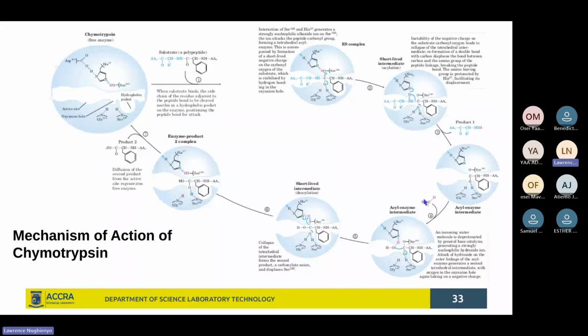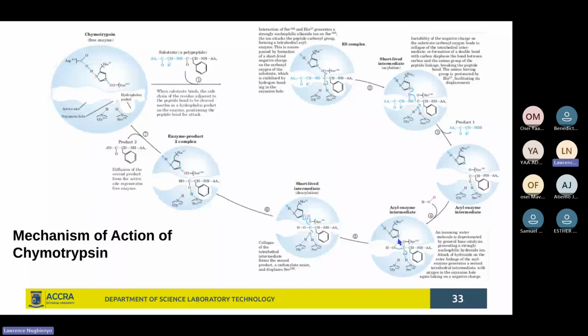As water comes into the reaction, you see the hydrogen first has an interaction with that nitrogen of histidine. Remember, it is that nitrogen of histidine that donated the hydrogen from serine to the amine group, and it was broken off. So when water comes in, water interacts with that nitrogen on the imidazole ring of histidine.